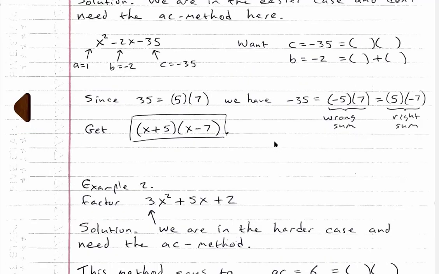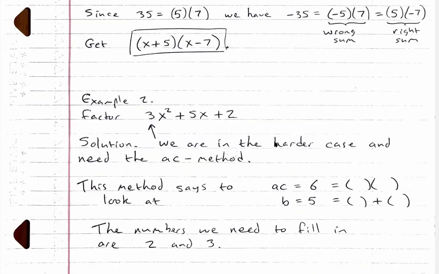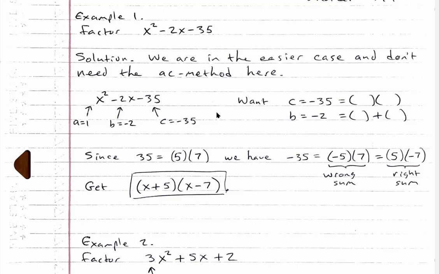Let's review the harder case. So example 2, you see the difference. Now instead of just x squared, we have 3x squared plus 5x plus 2. So now we do need the AC method. We can't do this question like we did the first one.